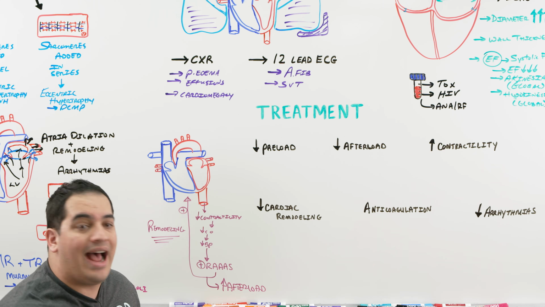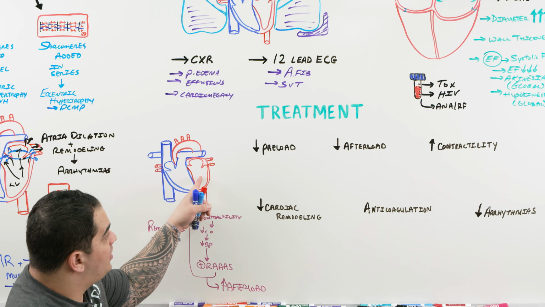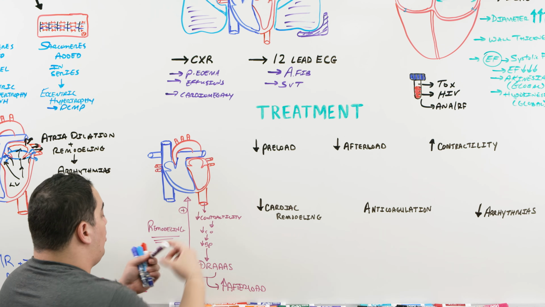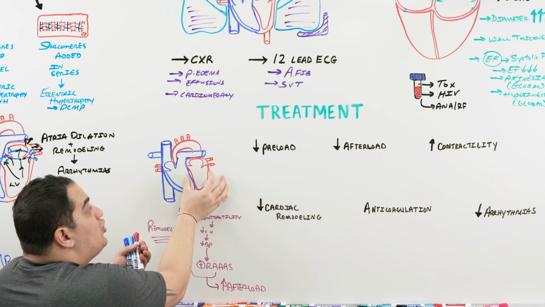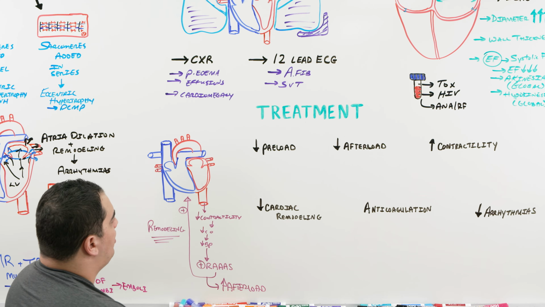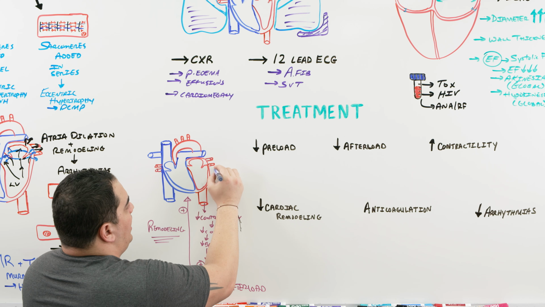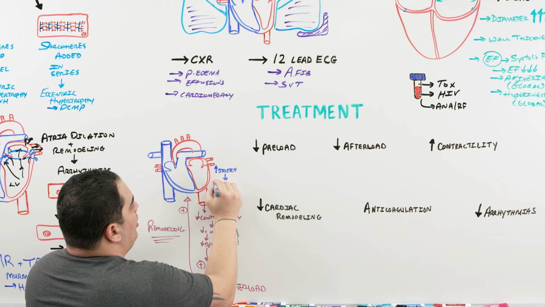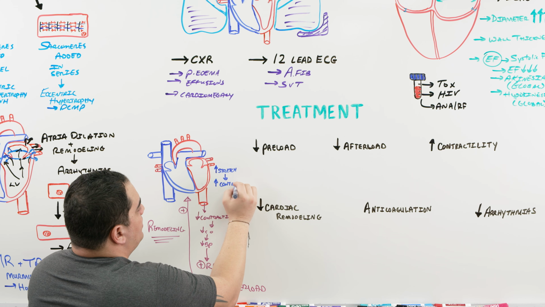That's called an increase in afterload. So what the heart tries to do is try to increase the preload. But with the increase in preload, it tries to dilate the ventricles too much. Here's the problem. Remember what I told you? Frank-Starling's law of the heart says that increased stretch means an increase in contractile force.